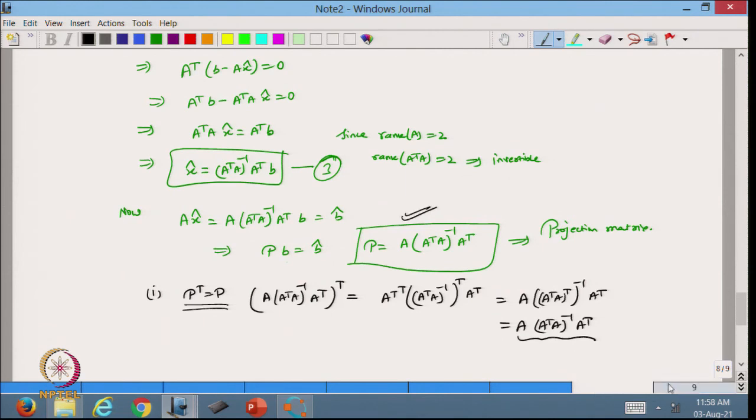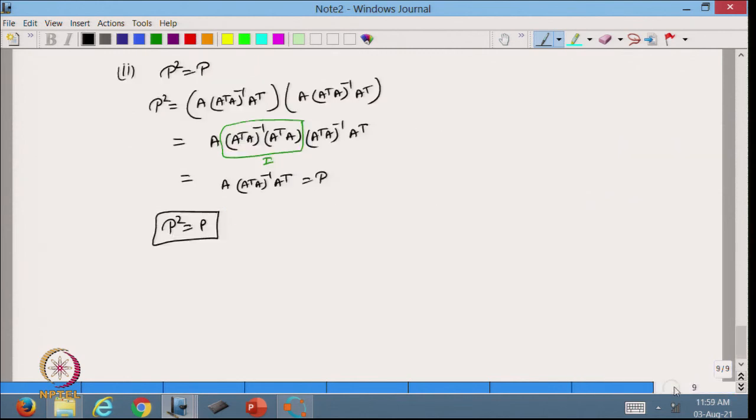So, from here we can see that this is my projection matrix. So, now the thing is how we are going to solve the system. So, in a nutshell what we can say is that now we have a system A x is equal to b, and this system is inconsistent, and this system is coming from least square.